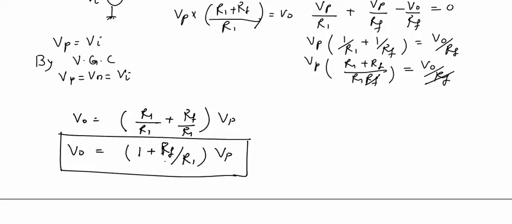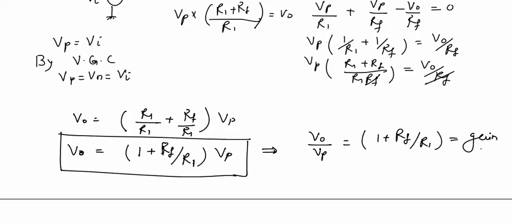So for the non-inverting amplifier, the output equation V0 will be equal to 1 plus Rf upon R1 into Vp, the voltage at the non-inverting input. From this we can write V0 upon Vp equal to 1 plus Rf upon R1. This is the gain of the non-inverting amplifier.